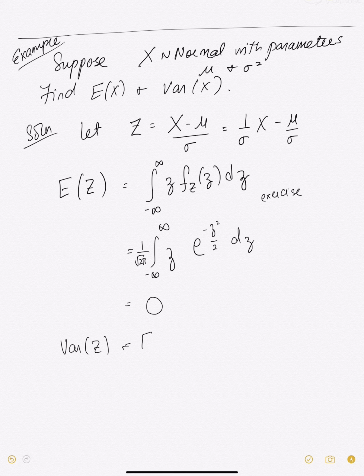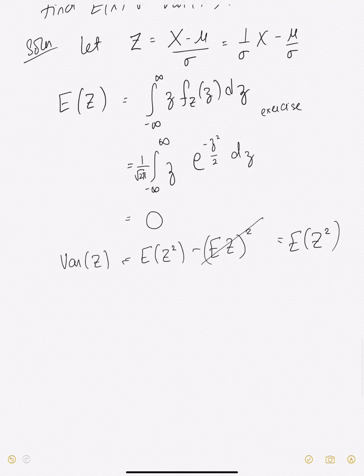And how about the variance of z? That is the expectation of z squared minus the expectation of z whole squared, but that's 0, so that's the expectation of z squared. What will this be? Same thing, just like before. This turns out to be the integral from minus infinity to infinity of z squared e to the minus z squared over 2 dz.